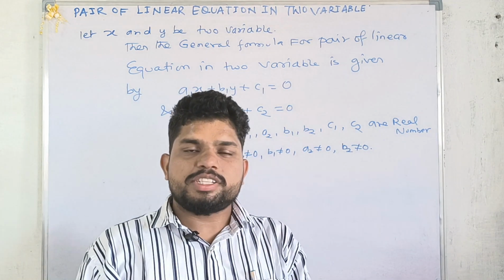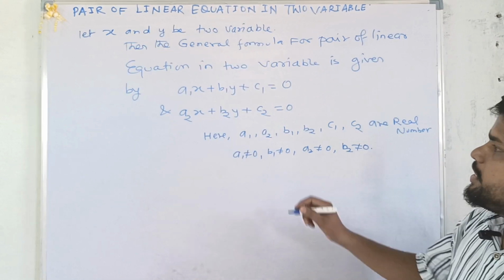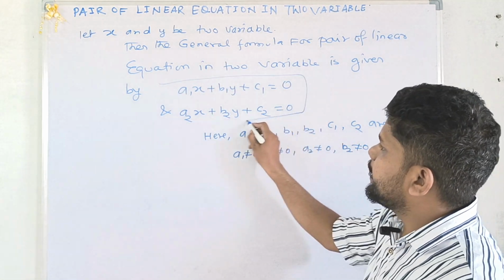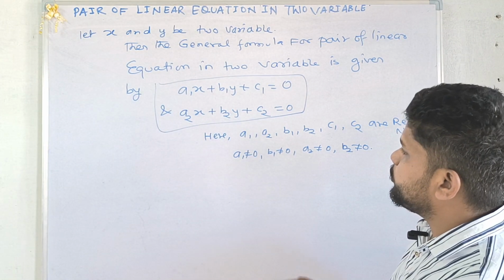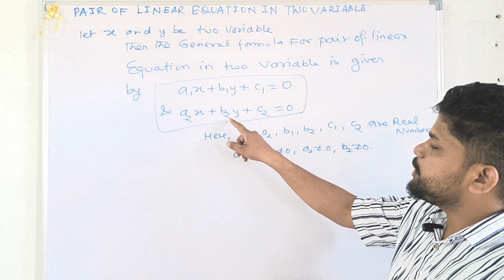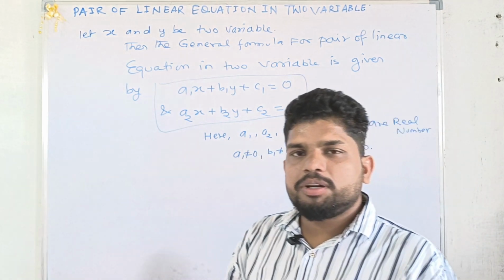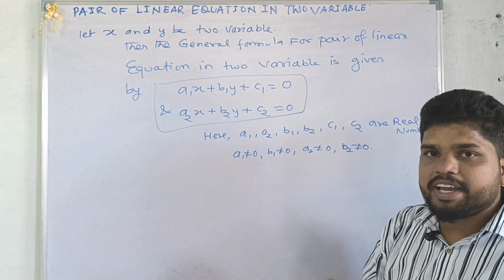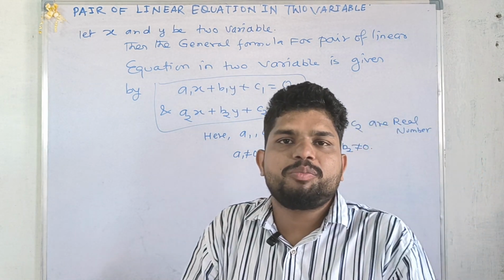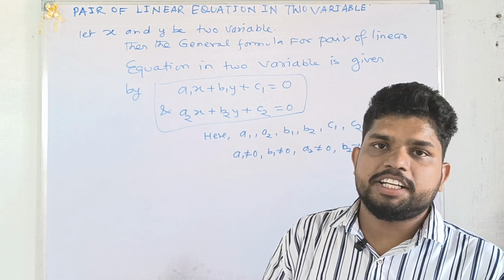So dear students, suppose x and y are the two variables. Basically any equations written in this form of a1x plus b1y plus c1 is equal to 0 and a2x plus b2y plus c2 is equal to 0, where a1, a2, b1, b2, c1, c2 are real numbers and the coefficients of x and y should not be equal to 0, are said to be a pair of linear equations.